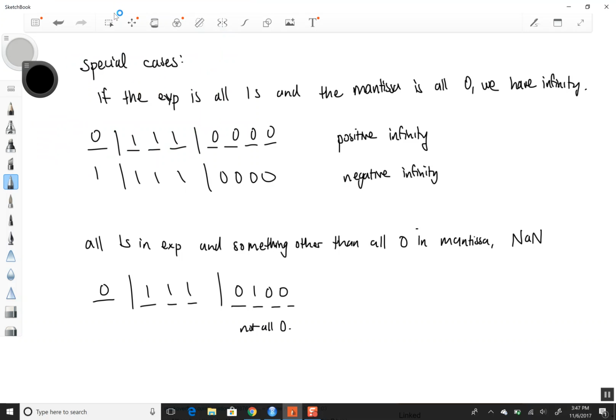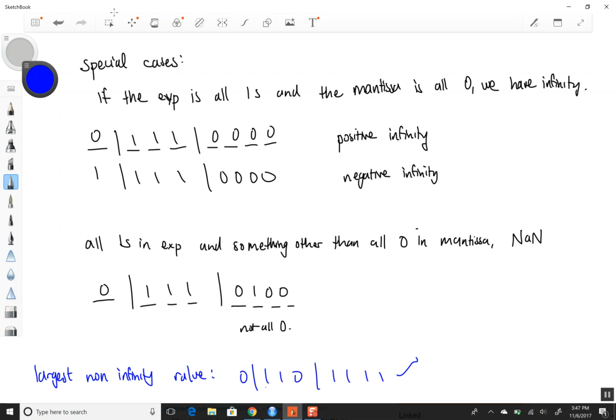Which means, technically, the largest non-infinity value that can be represented would be 0, 1, 1, 0, 1, 1, 1, 1. Okay, that would be our largest non-infinity value in our system. So what would this be?